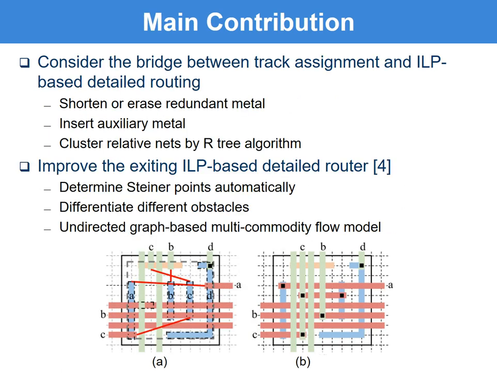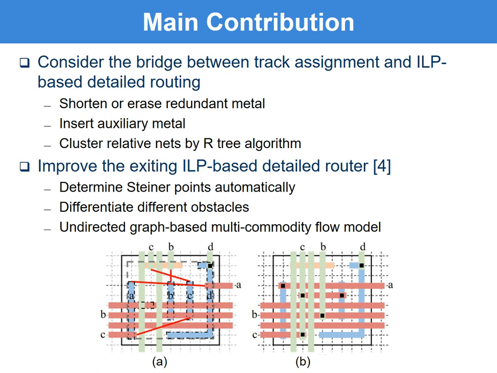In a previous study cited as reference 4, a similar approach was proposed to address the pin access problem using a multi-commodity flow-based ILP formulation. However, that study did not delve much into the steps taken between track assignment and detail routing.